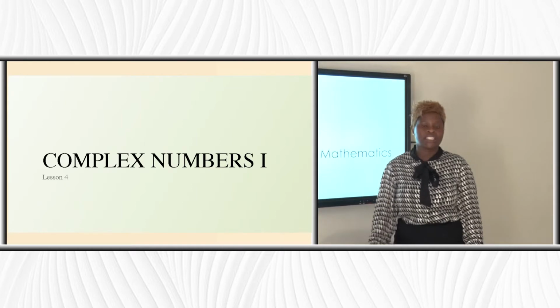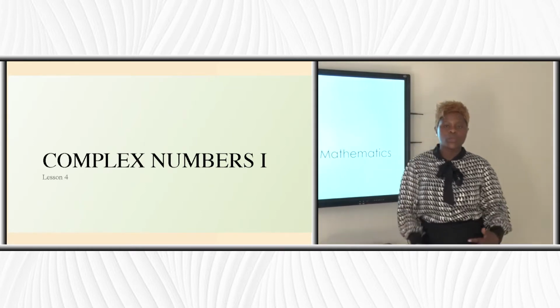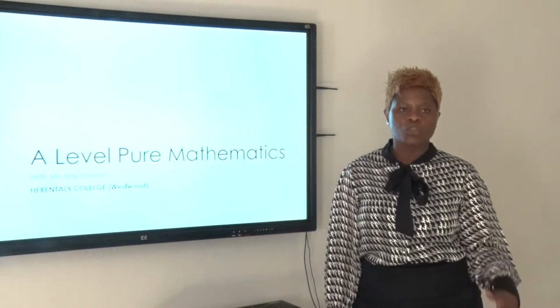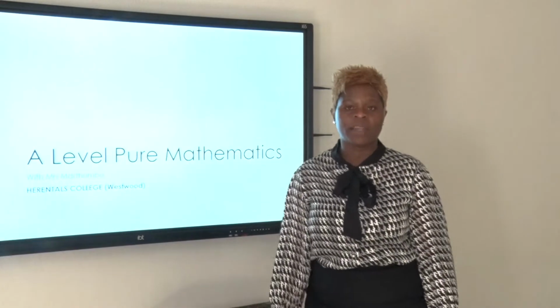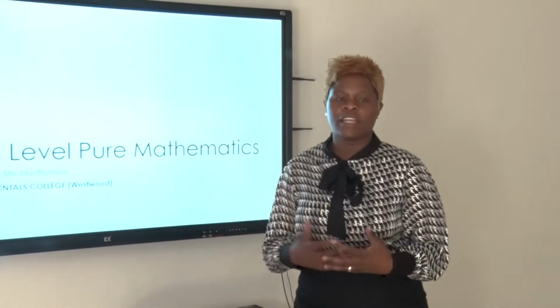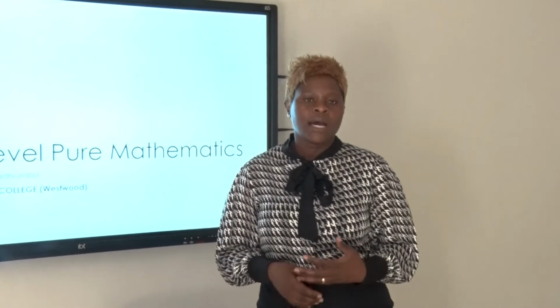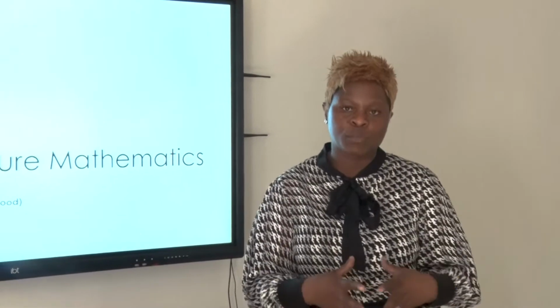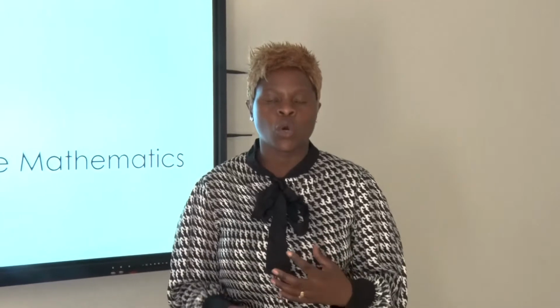Before we go deep into our lesson, let's do a recap of what we did when we met last time. We talked about modulus and argument of a complex number. When you are calculating the modulus, you are given a formula that you should follow. Let's say you are given two complex numbers that are multiplying each other, and you are told to calculate the modulus and argument.